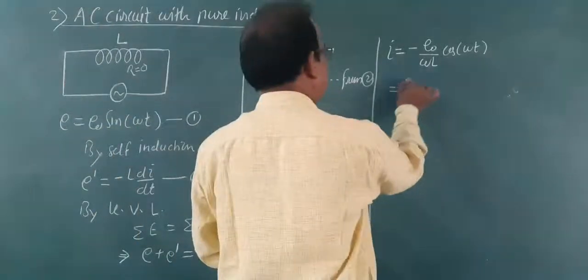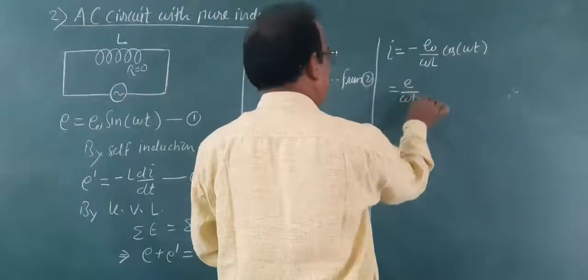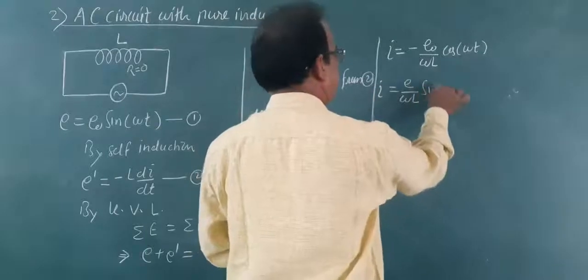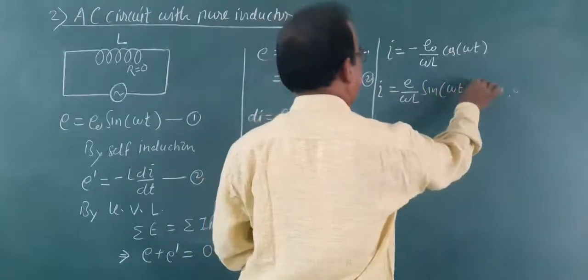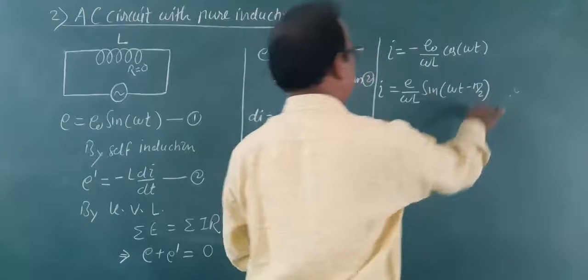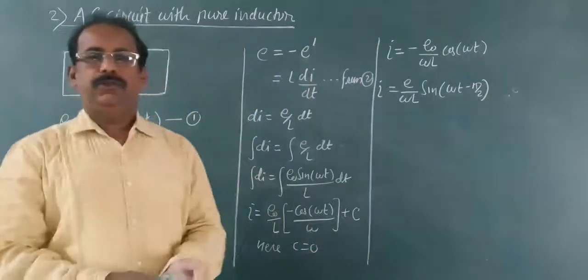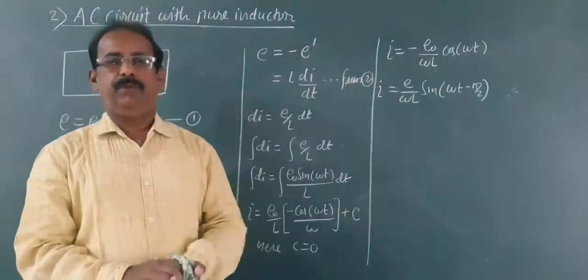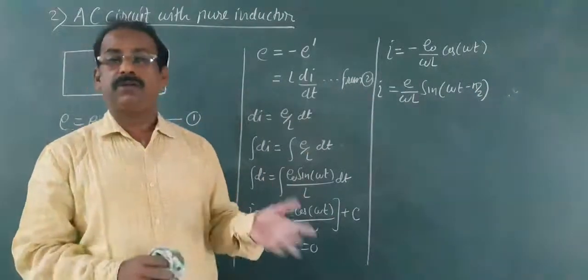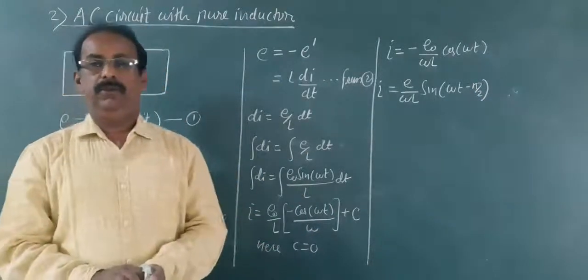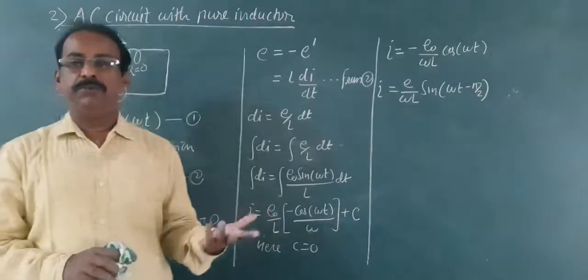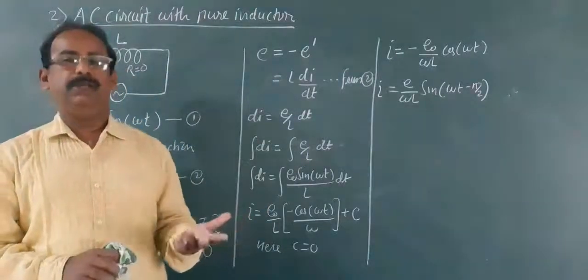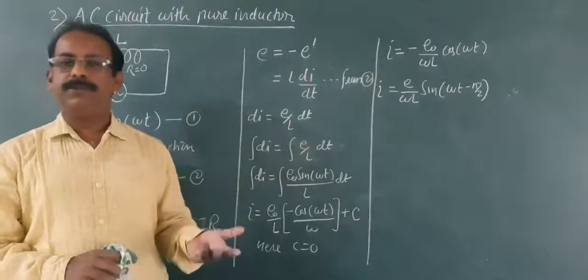For this minus cos omega t, we can write here sine of omega t minus pi by 2. Solve this sine of omega t minus pi by 2 using the sine A minus B formula. You will get minus cos of omega t: sine omega t into cos pi by 2 minus cos omega t into sine pi by 2, means minus cos omega t.